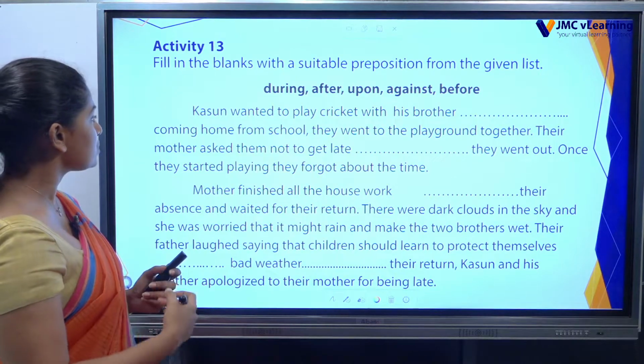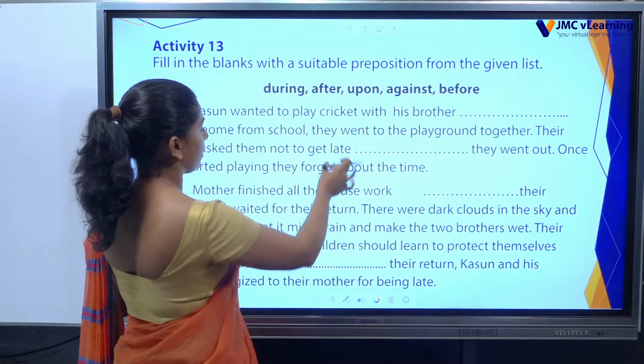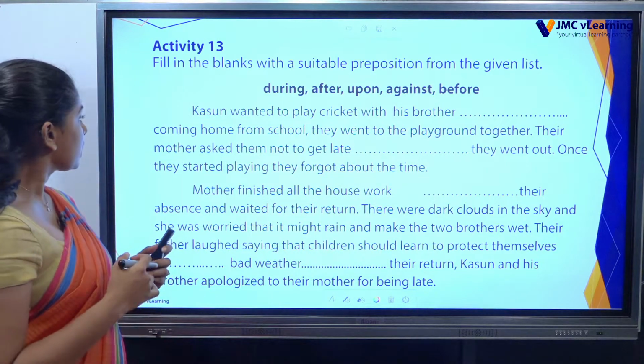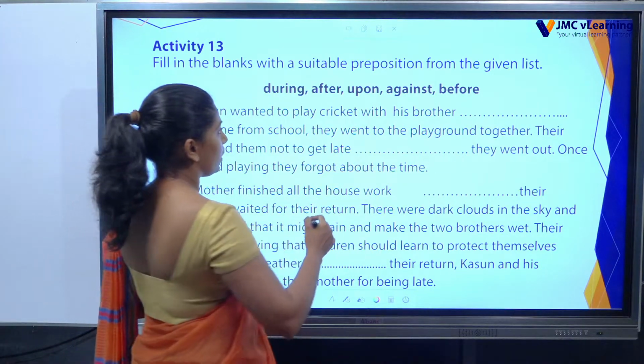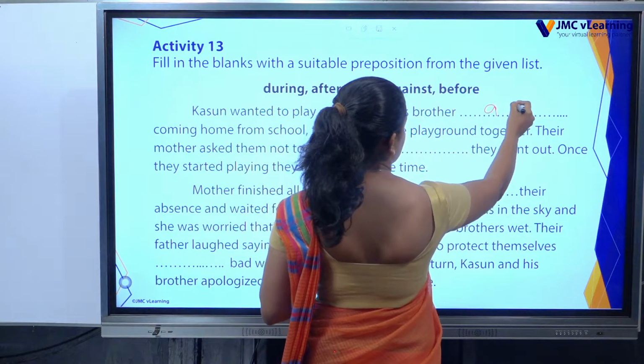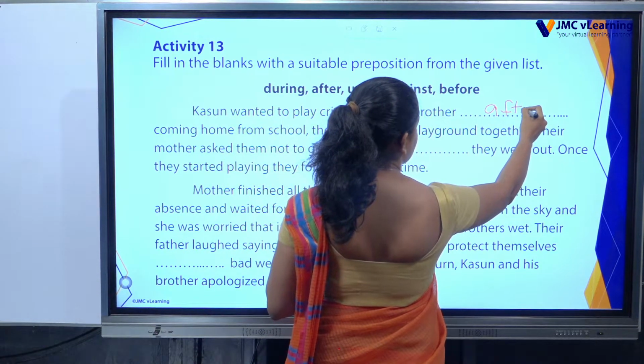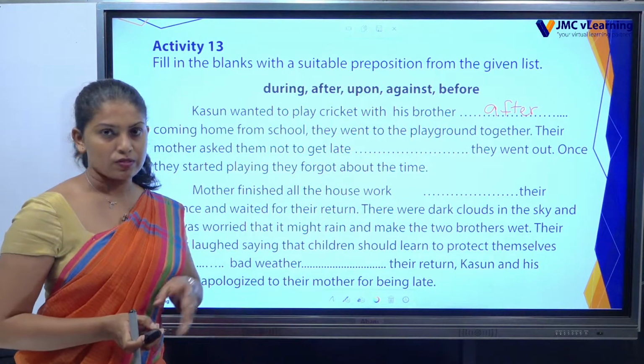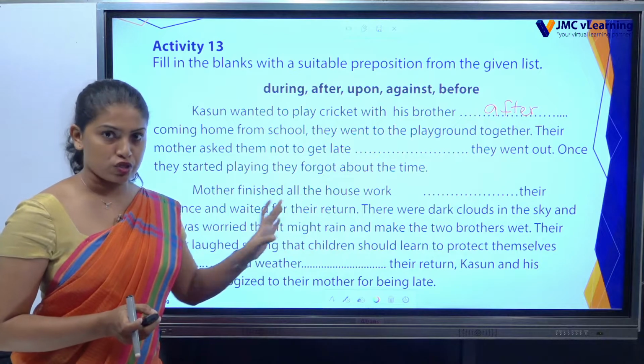So Kasun wanted to play cricket with his brother. What is the most suitable word that we can take from this? Kasun wanted to play cricket with his brother after coming home from school, because only at that time can he play. So that is the most suitable preposition for that.